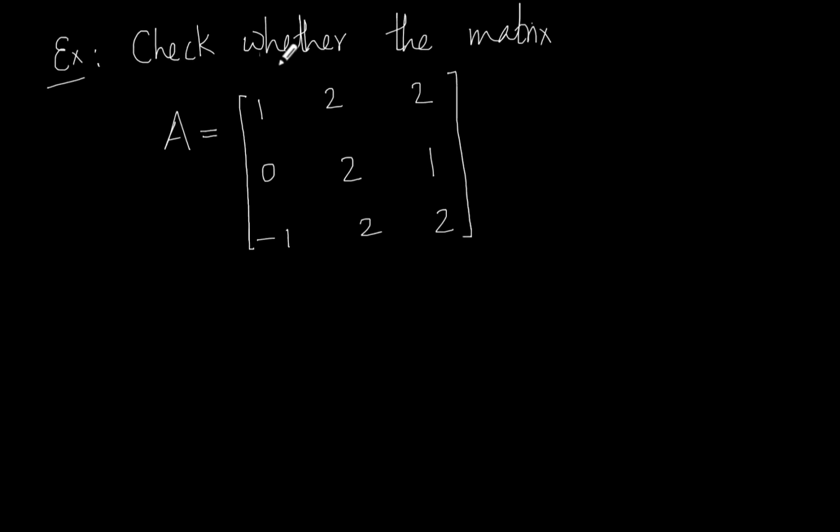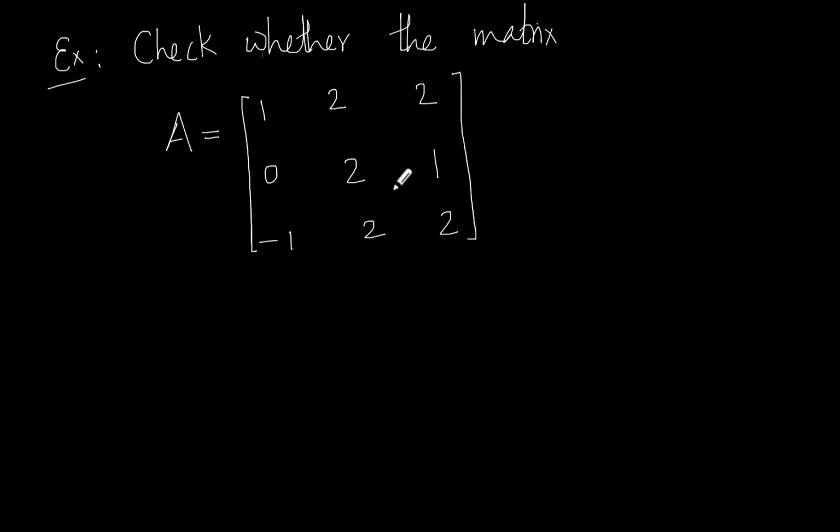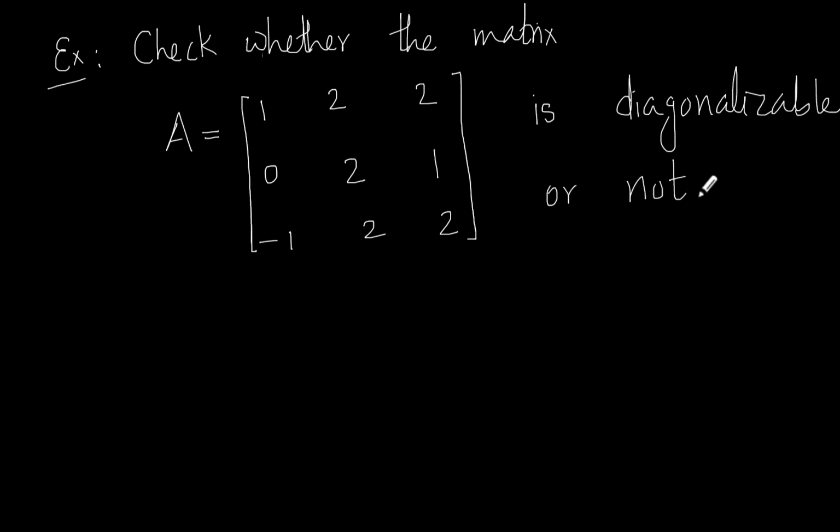Now let us see an example. Check whether the matrix A given by 1 2 2, 0 2 1, minus 1 2 2 is diagonalizable or not. As we already discussed four conditions, you can check any one of them.